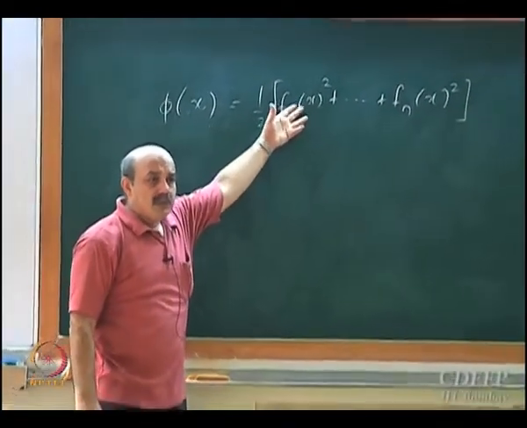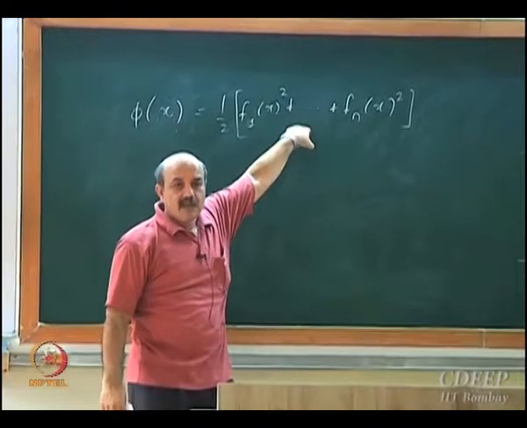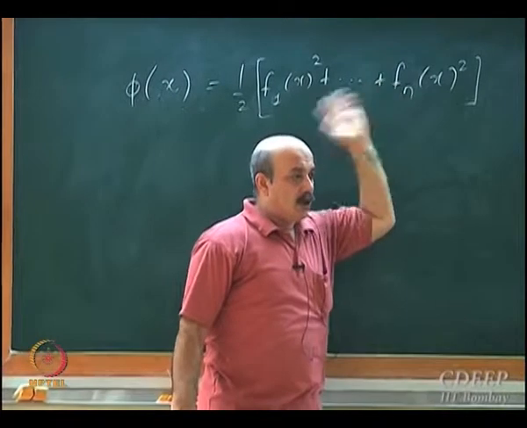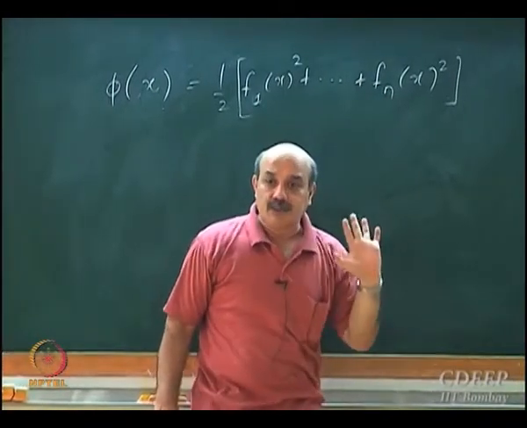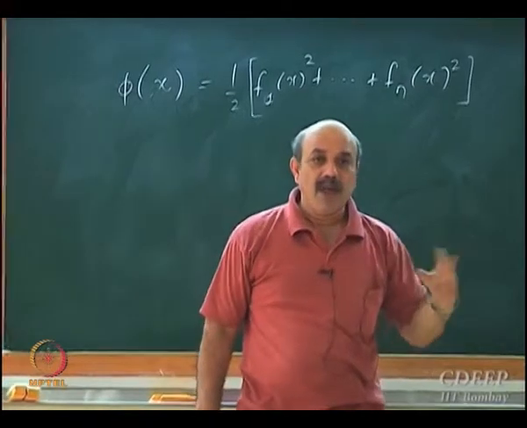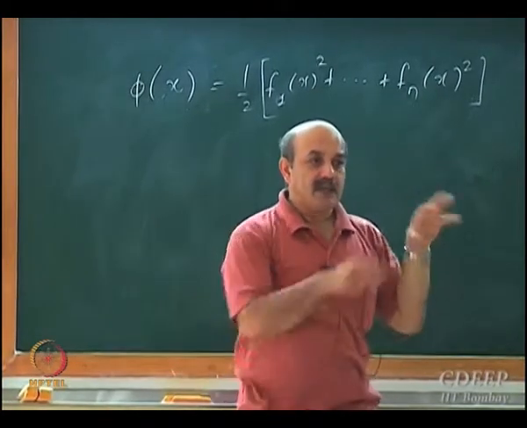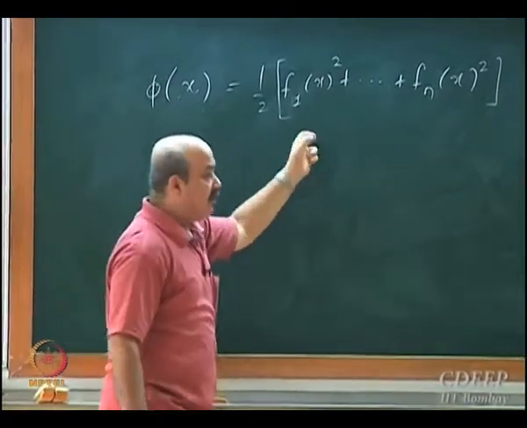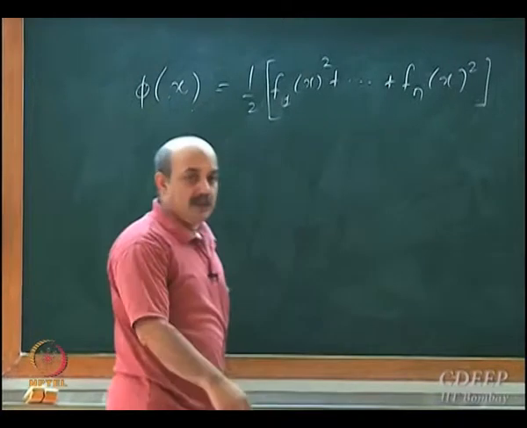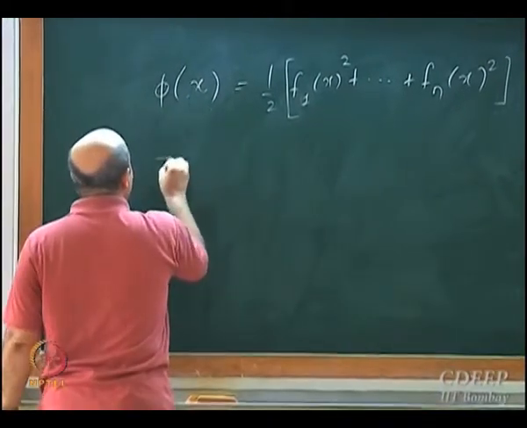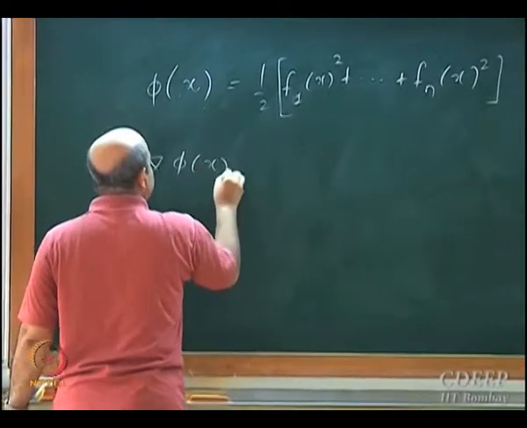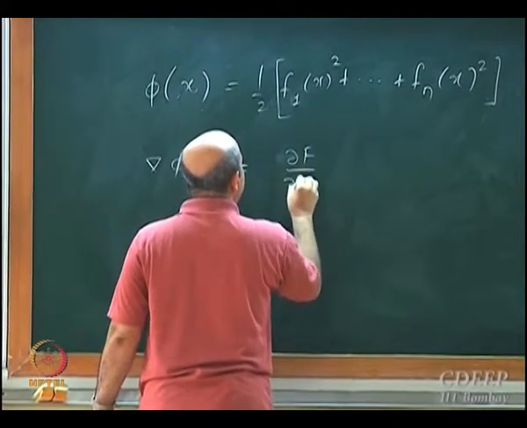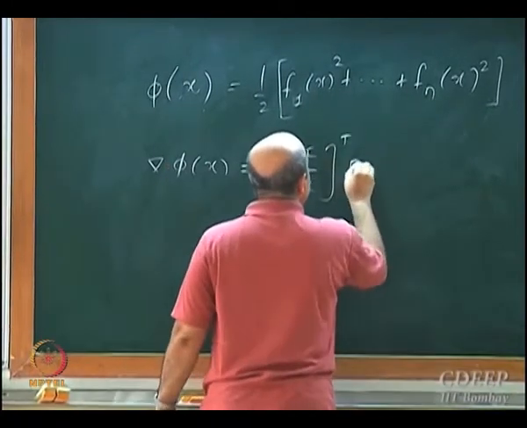If I want to compute the numerical gradient of this, I need to compute the function vector and take its norm. I don't have to explicitly compute the Jacobian. Computing grad phi(x) is equivalent to ∂f/∂x transpose times f(x). You understand what I am saying?